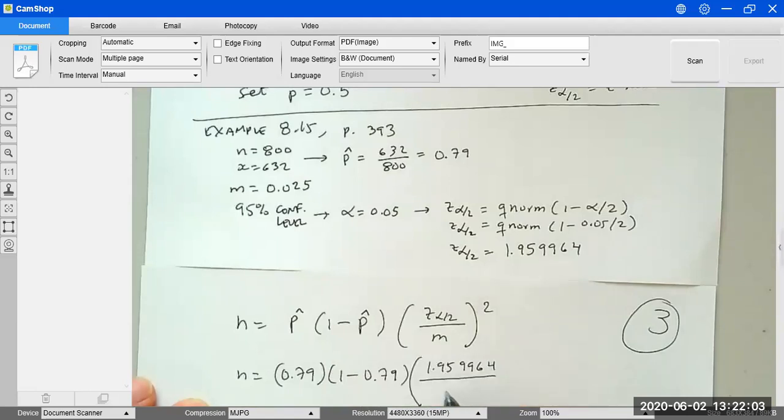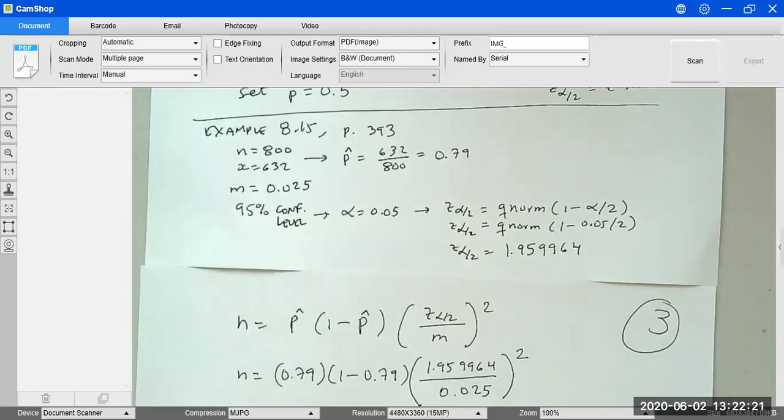The margin of error that we want is 0.025. Remember, the margin of error is the difference between the upper limit and the point estimate, or the difference between the point estimate and the lower limit. And we're going to square this.